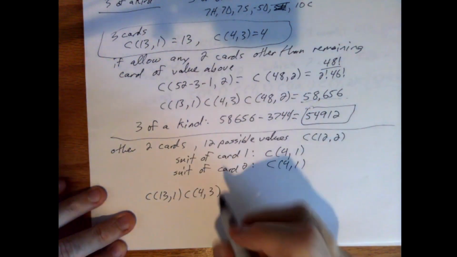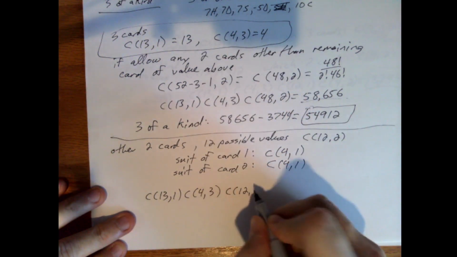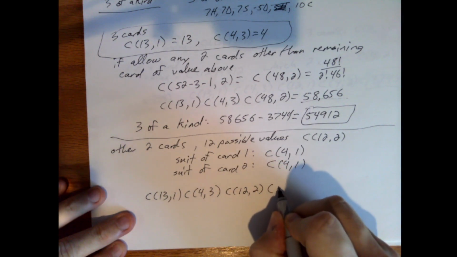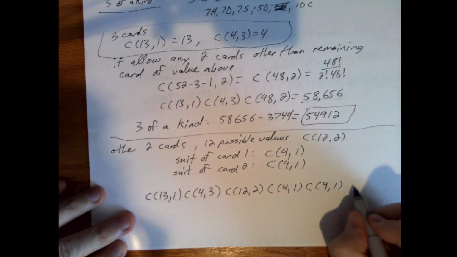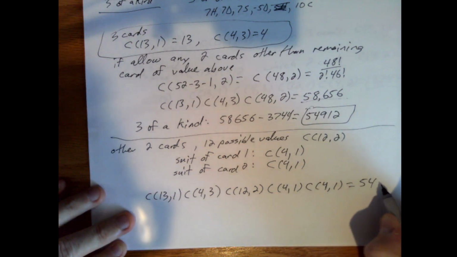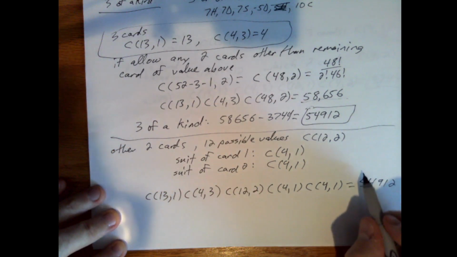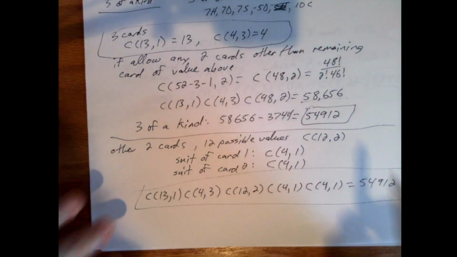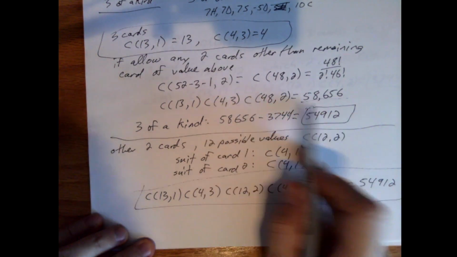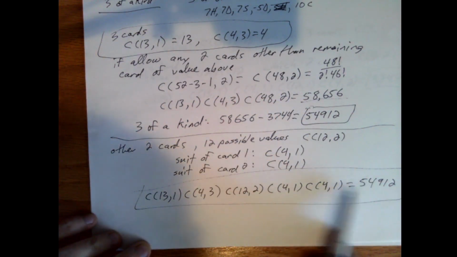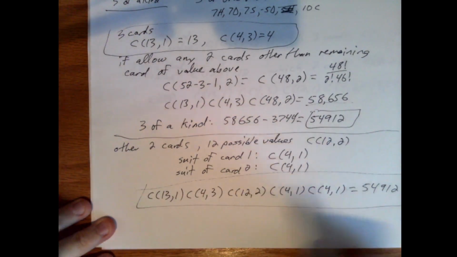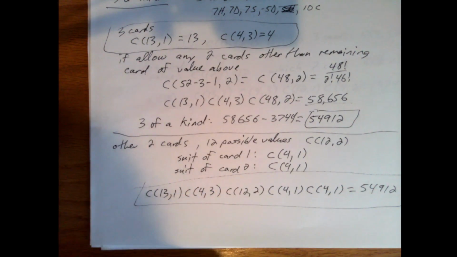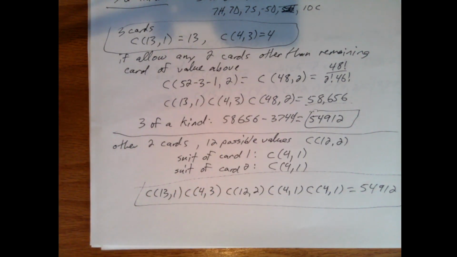And then to get the other 2 cards, it's C of 12, 2 times C of 4, 1 times C of 4, 1. And once again, this will be equal to the 54,912. So there's different ways to think about it. When I think about it, this is the way I thought about it. If you look it up online, this is the way you'll see it probably. But in each way, we can do it with combinations using the formula I gave you. So there's an introduction to combinations as part of a discussion of combinatorics.